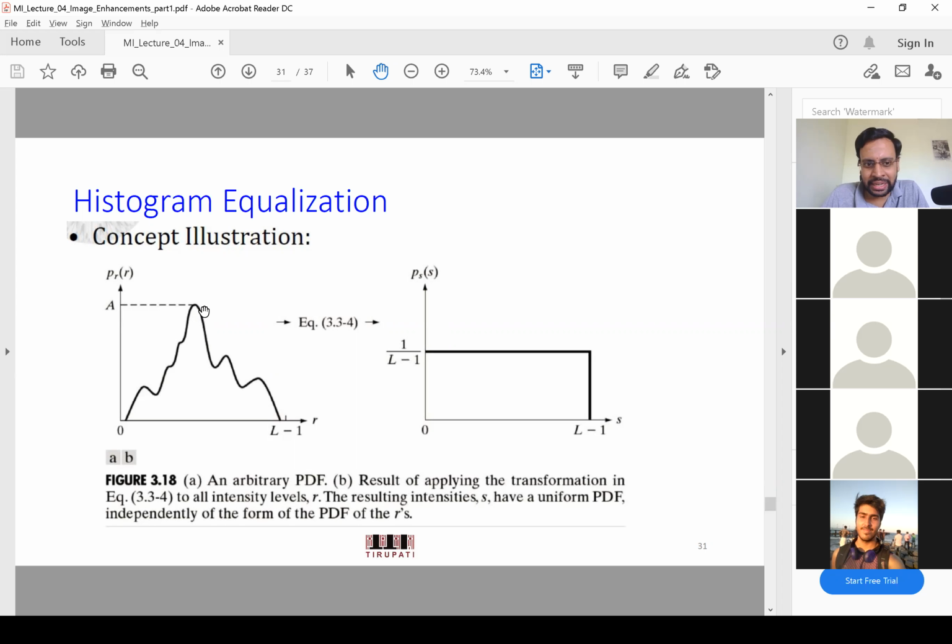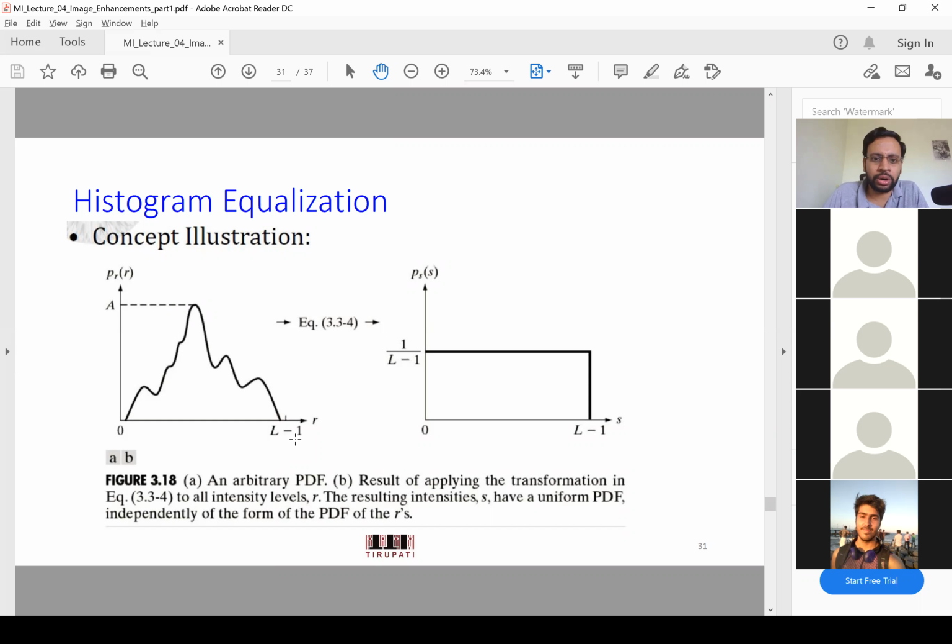So I have a PDF here. What property does it have when I say this is a PDF? If I integrate from 0 to L minus 1, it would give me 1, correct? Now I compute a CDF of it, right?